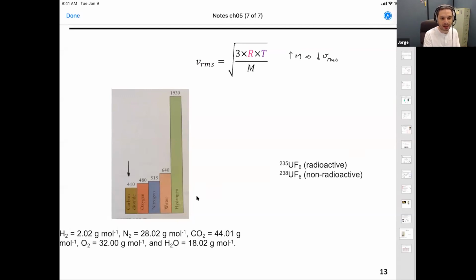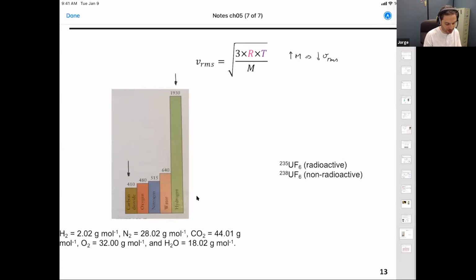Now let's analyze the opposite in the ranking. So let's see who is the fastest gas. The fastest gas is going to be the lightest gas, or the one that has the lowest molar mass. And that's going to be hydrogen.